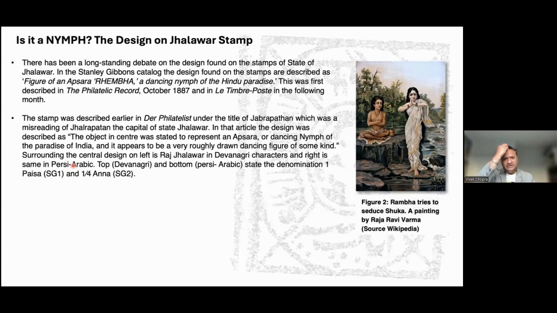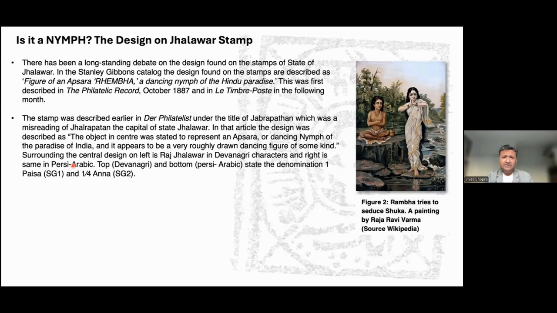In the following month, another journal, The Philatelist, had an article under the title Jabrapathan, which was a misreading of Jhalrapatan, the capital of the state of Jhalawar. In that article, the object in the center was stated to represent an apsara, or a dancing nymph of the paradise of India, and it appears to be a very roughly drawn dancing figure of some kind.